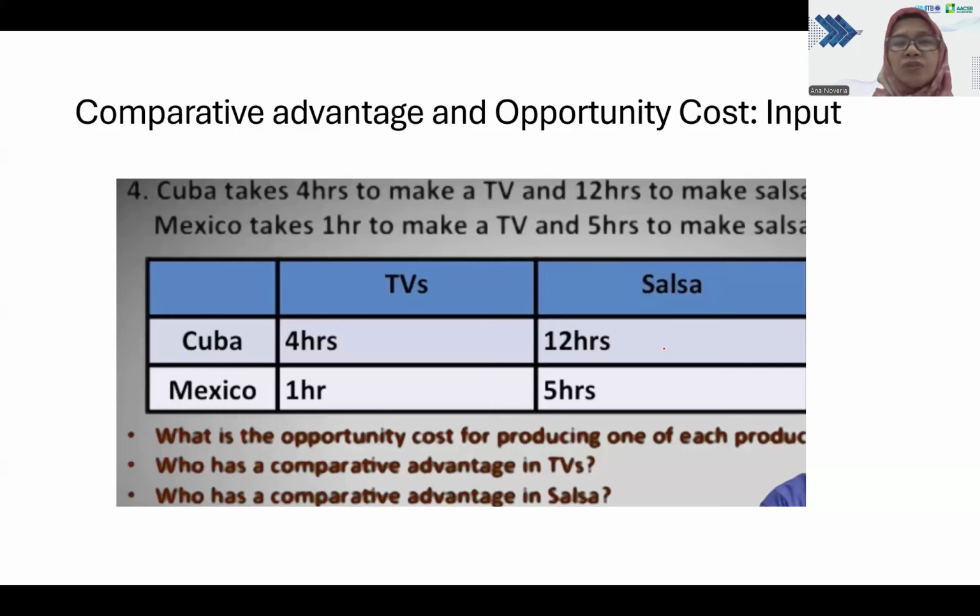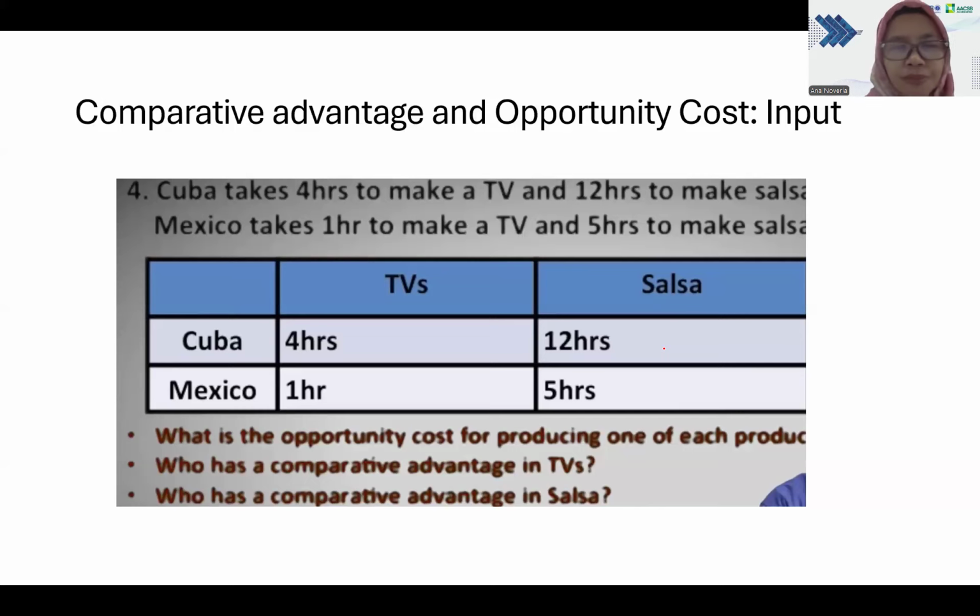So in terms of the absolute advantage, Mexico is the country that spends less resources. Mexico has absolute advantage in both producing TV and salsa because it requires less resources. Now, in terms of comparative advantage, try to answer this and I will explain soon.